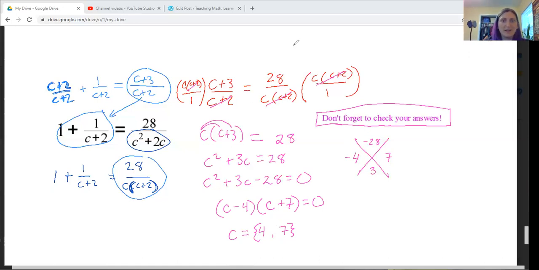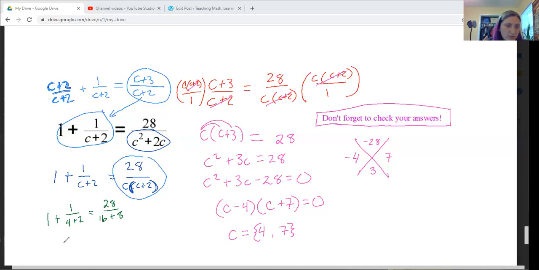Whew, all the way back to the beginning here. I'm going to use an answer check color. Let's use green. All right. So we're going to plug in 4. So 1 plus 1 over 4 plus 2 equals 28 over 4 squared is 16 plus 2 times 4 is 8.